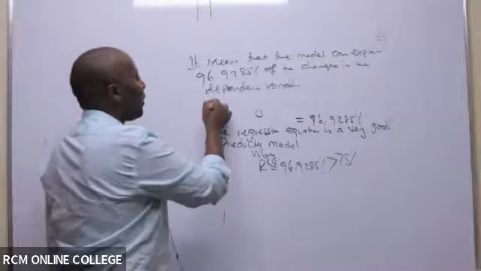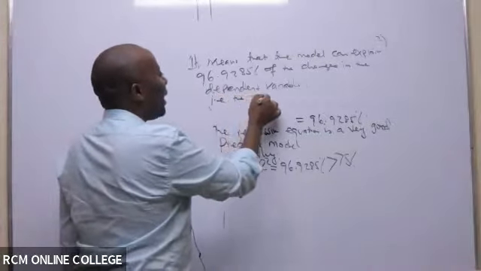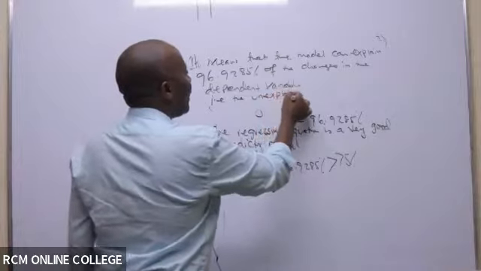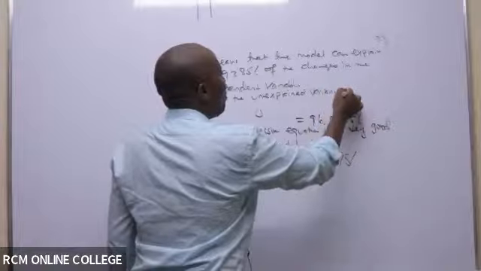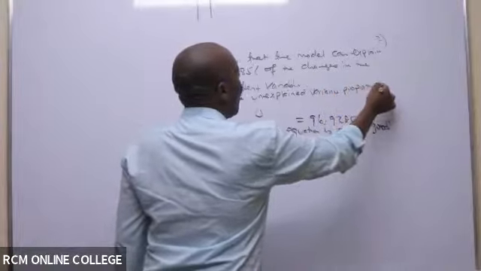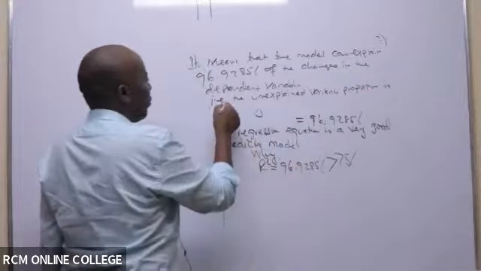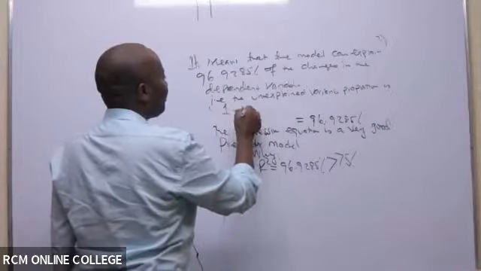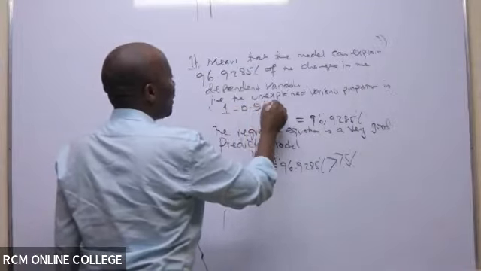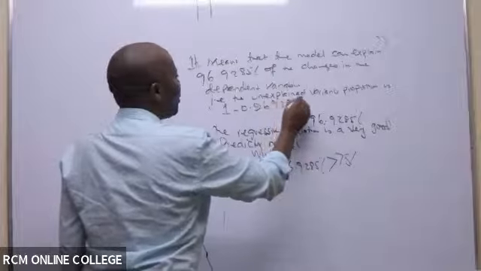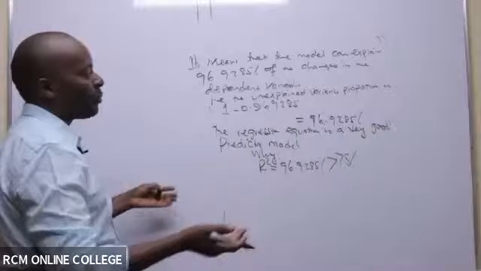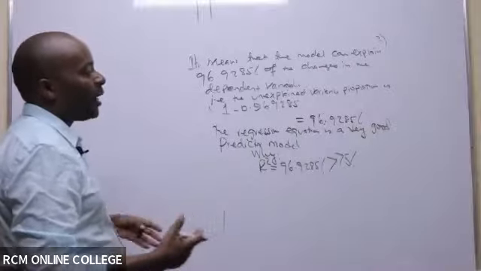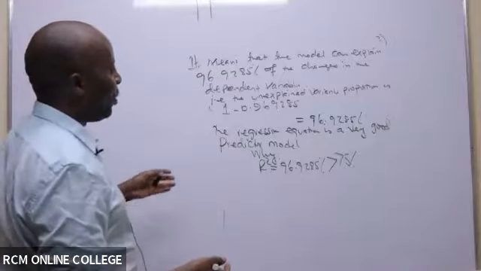The unexplained variance proportion is 1 minus 0.9692, so 96.9285% is what we are able to explain. The unexplained variance proportion will be, of course, the complement.